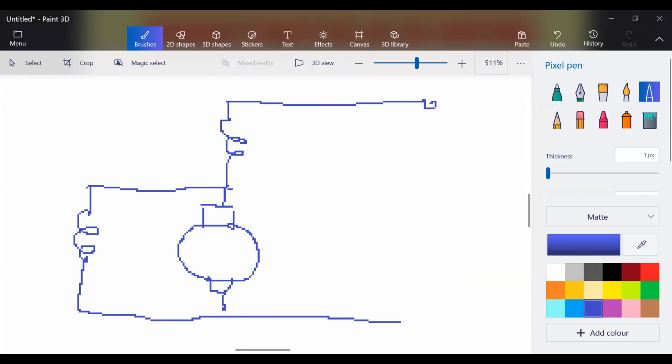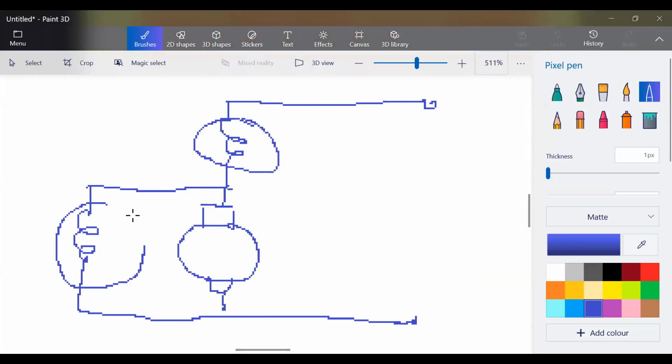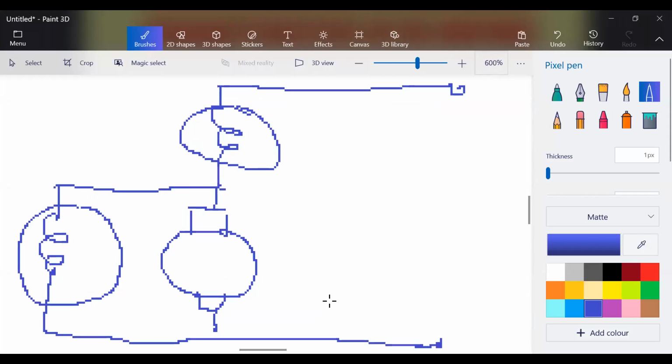So this is the compound motor, having both series field winding and shunt field winding combination. So the characteristics of the compound motor vary between the shunt motor characteristics and the series motor characteristics.